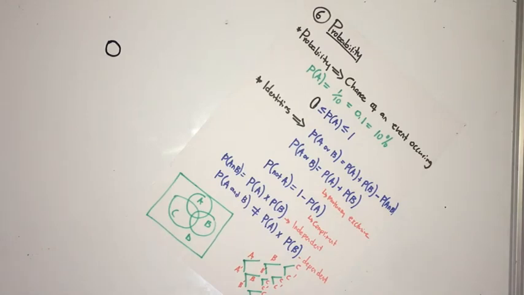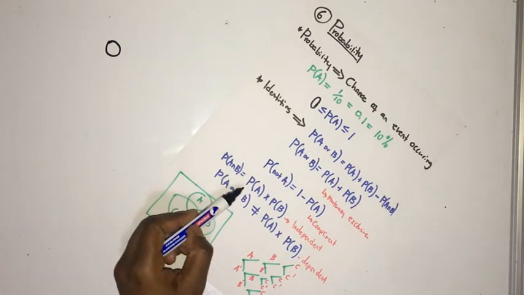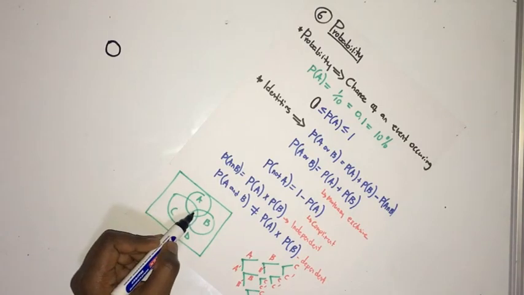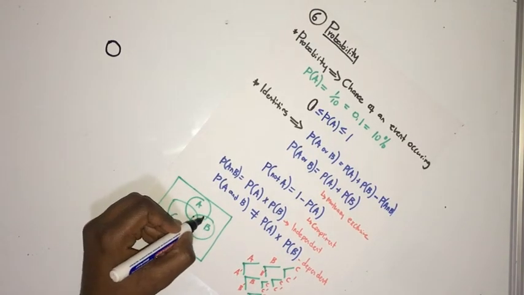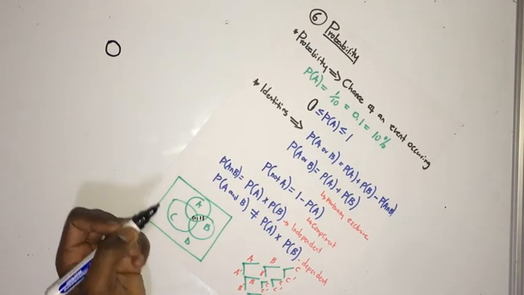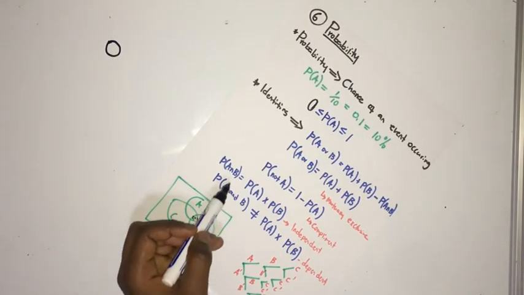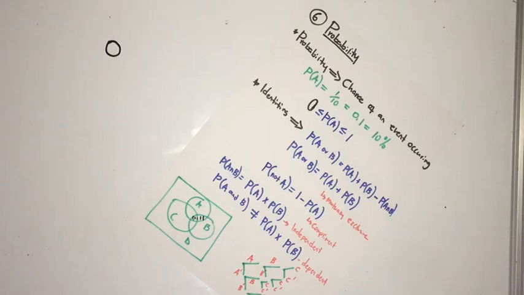They also like asking whether events are dependent or independent. For independent events, we see it this way: the probability of A and B, the union of A and B, would be somewhere here. The probability of that union is the same as the probability of A multiplied by the probability of B. This happens when events are independent.